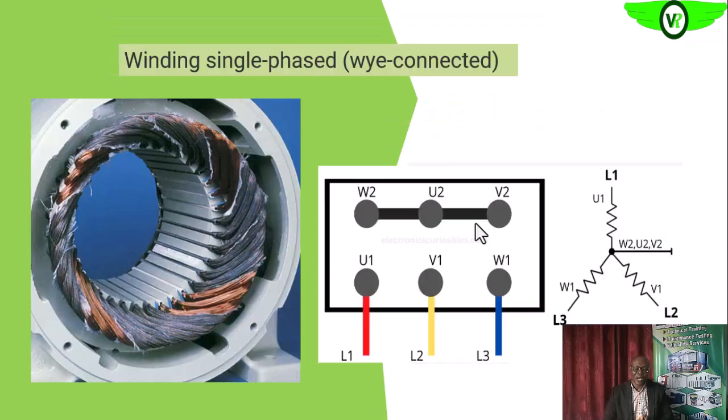So now we are going to look at first, as you can see on your screen, this kind of failure. Evidently the winding is burnt, as you can see on the screen. But if you look at this burnt winding, you will notice that there is a pattern on it.